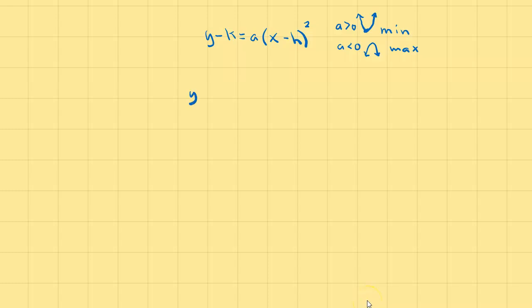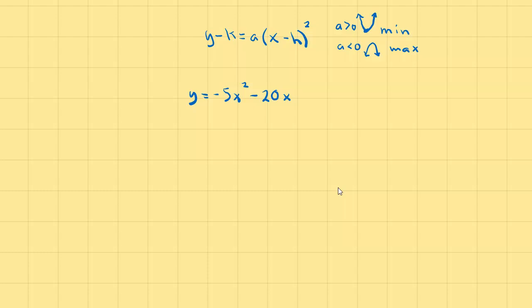Okay, here's an example. y equals negative 5x squared minus 20x. And so in order to write it in standard form, we're going to have to complete the square. So the first thing we need to do when we're completing the square is not have a coefficient in front of x squared.